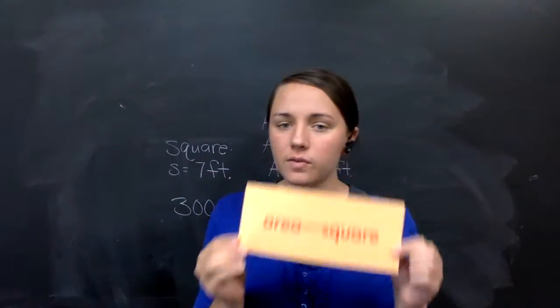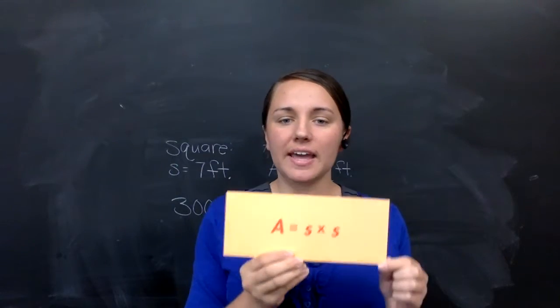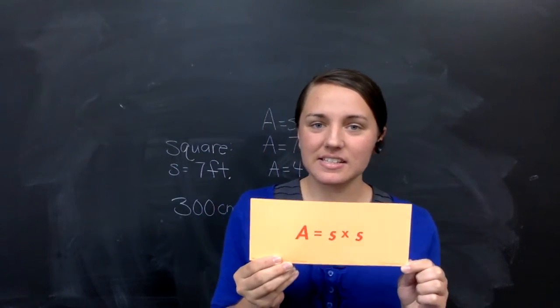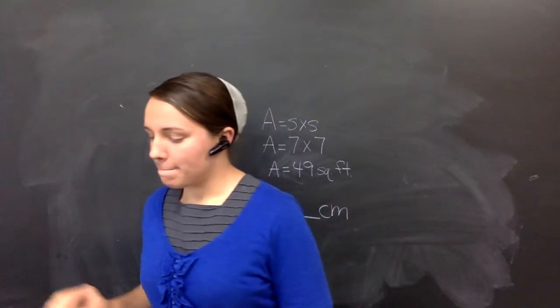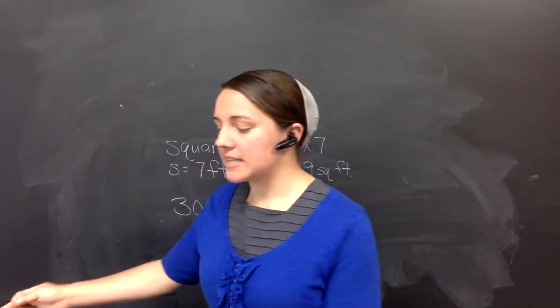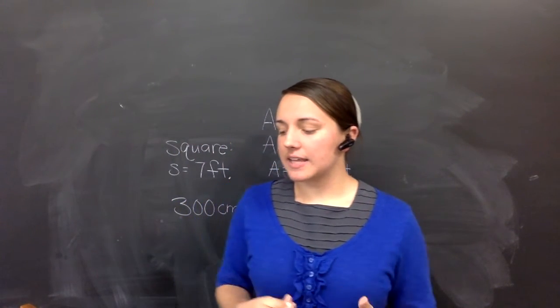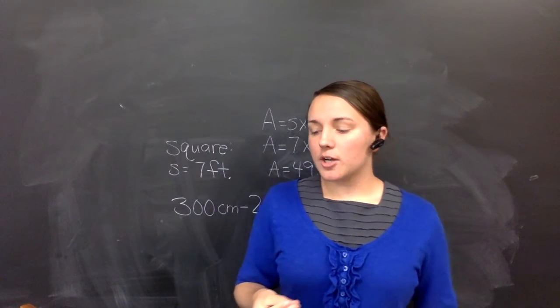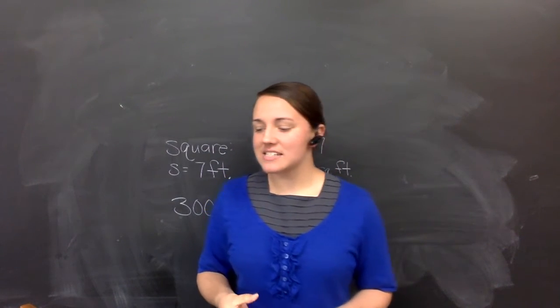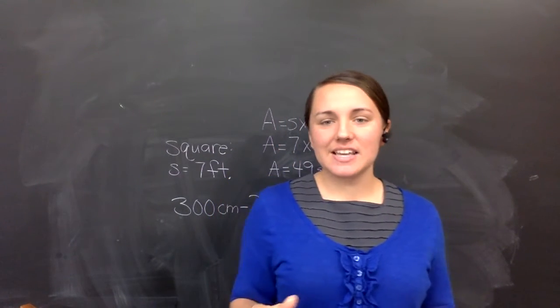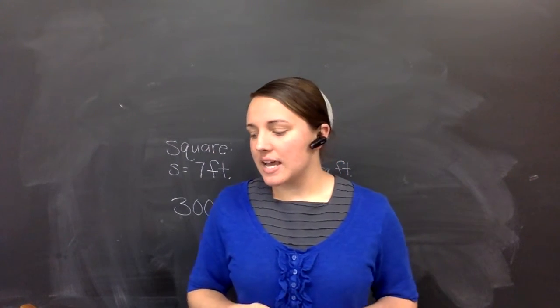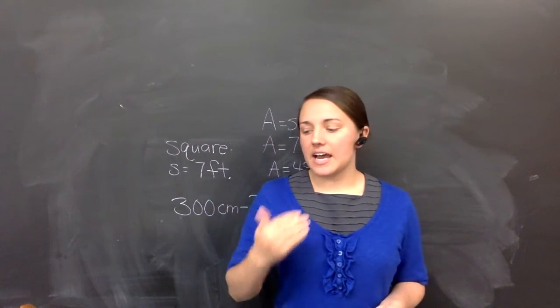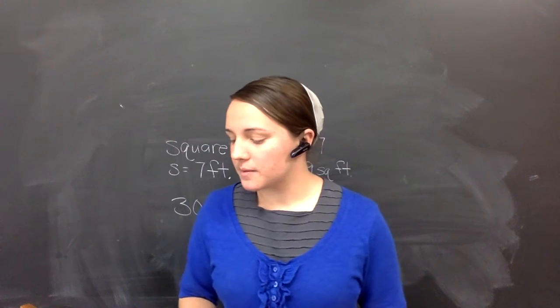Our formula for the area of a square is simply A equals S times S. Now look in your lesson at the top of the page. It says that the area of a square, you can find the area by using A equals S times S, and they give an example of a box where every side is 8 units. And they multiplied 8 by 8 and got 64 square units.